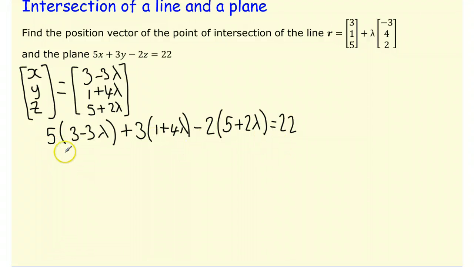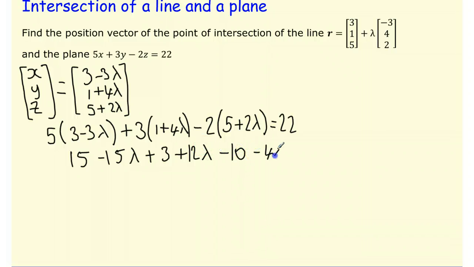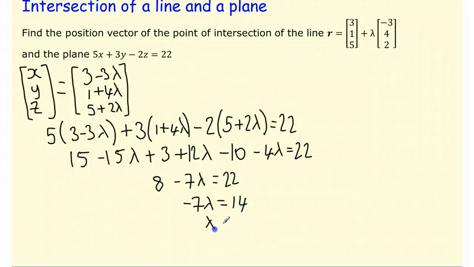And if I expand this and simplify it, that's going to be 15, 18, 8, let's take away 3 and take away 7, and that is equal to 22, which means that lambda is going to be equal to negative 2.